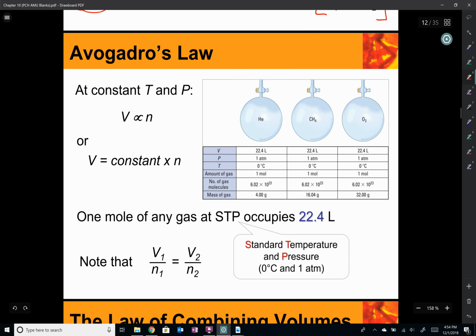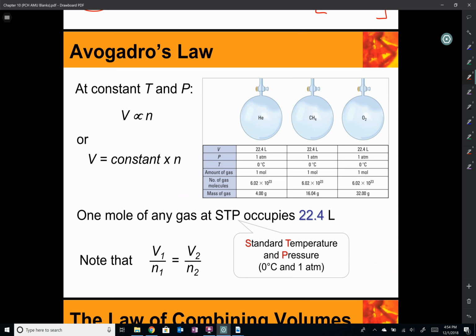Avogadro's law, often confused with Avogadro's number, is not the same thing. Avogadro's law is a relationship between volume and moles. So for an ideal gas, volume is equal to a constant times the number of moles. If you take a look at the picture, we have three different gases, helium, methane, and oxygen.